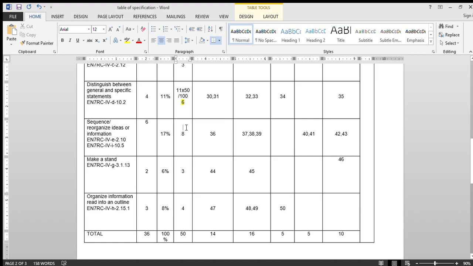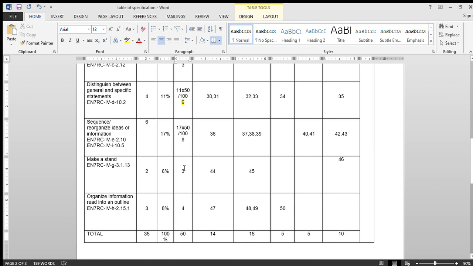Then we have 17% of items. So 17 multiply by 50, and you are going to divide that by the total percent of items, which is 100, so it will equal 8.